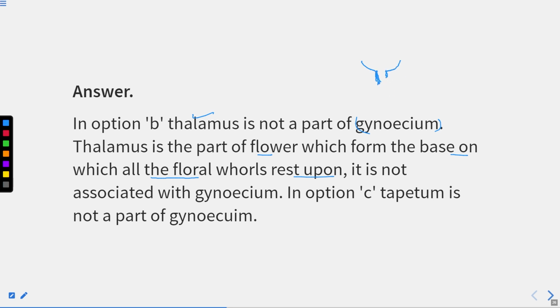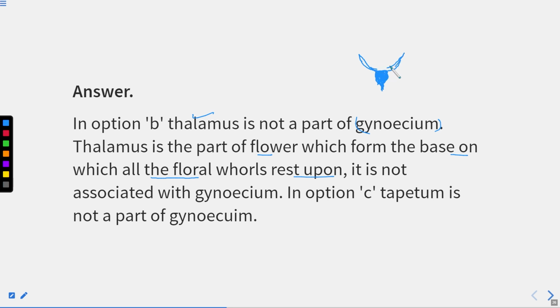It is a swollen part like this. This entire region is the thalamus, and here all the floral parts are present. These will be calyx.